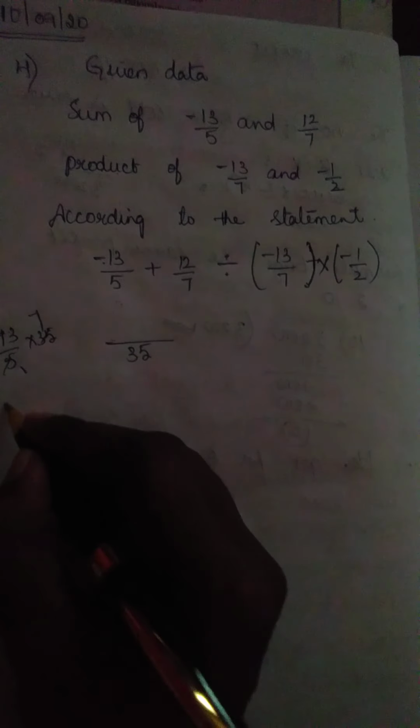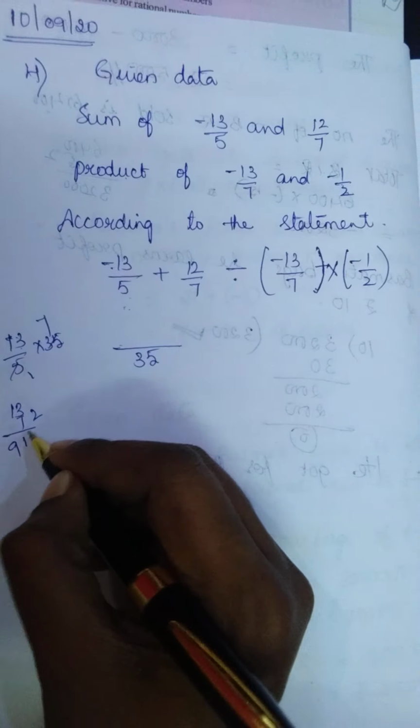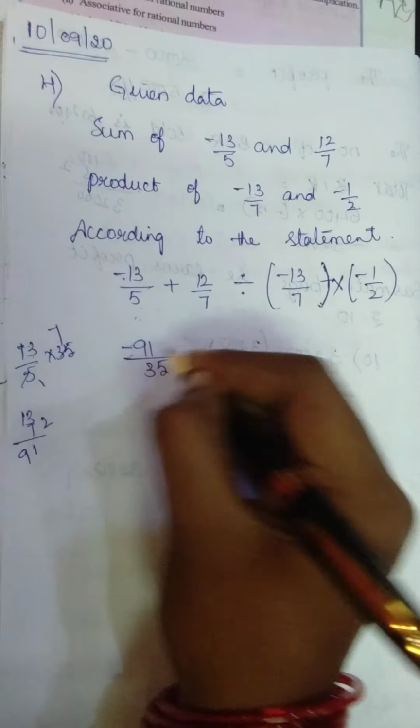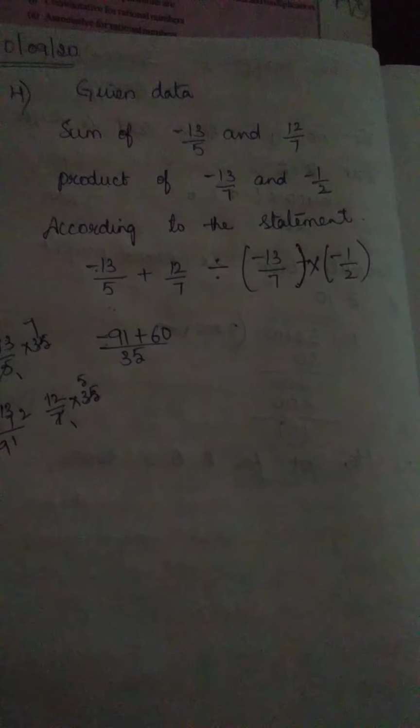Now 13 sevens are how much? 7 threes are 21, 7 ones are 7, 91. So minus 91 plus 12 by 7 into 35: 7 ones are 7, 12 fives are 60. And divided by, minus into minus is plus: 13 ones are 13, 7 twos are 14.